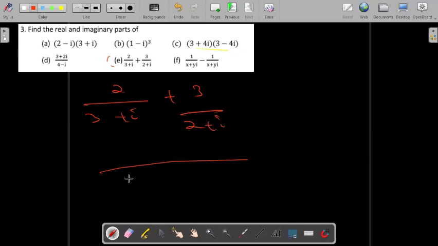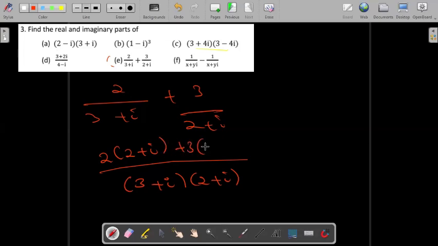So the common denominator becomes 3 plus i times 2 plus i, such that when you divide this one into there, you remain with this part, and you have 2 multiplying by 2 plus i. On the other side you have 3 multiplying by 3 plus i. So I want to see if I would get the same value if I did this.